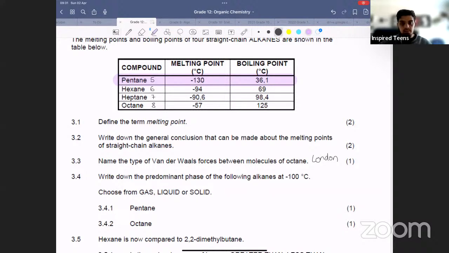Any definite answers? Okay, we have a liquid.